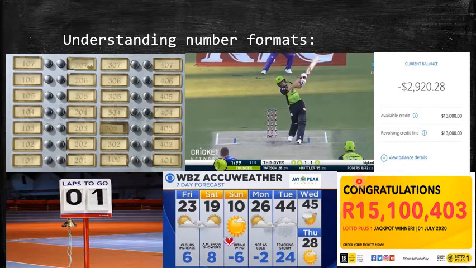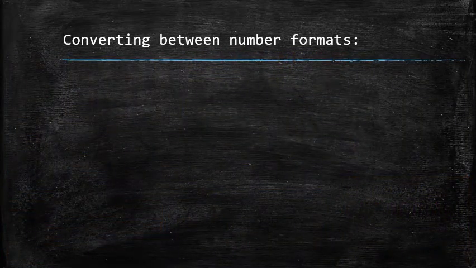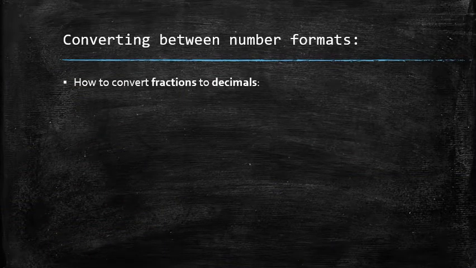Here you can see someone who won the lotto, and here you actually see the thousand separator, because it's not a jackpot prize of 15 rand, it's actually 15,100,403 rands. And then you also see someone's bank balance. There's a negative amount there, so it means that they probably are in overdraft or they've spent more money than what they have.